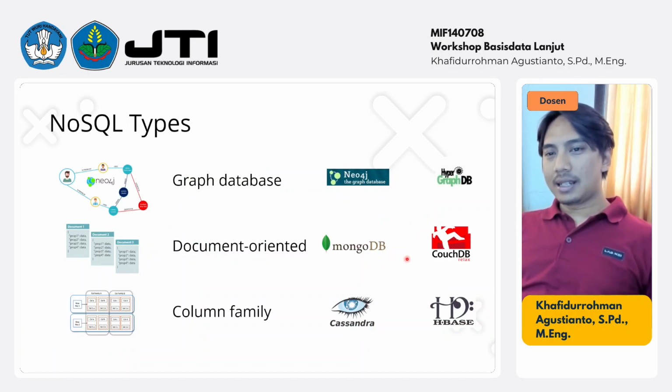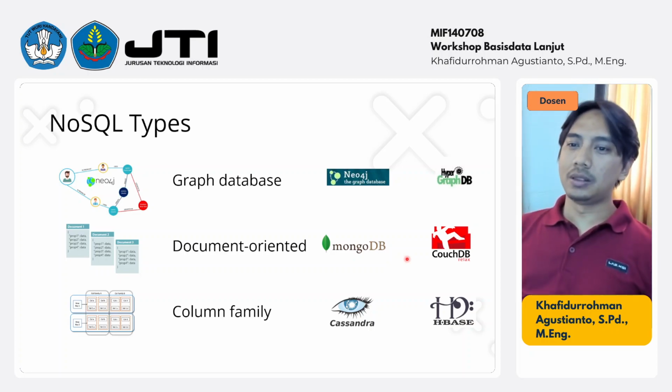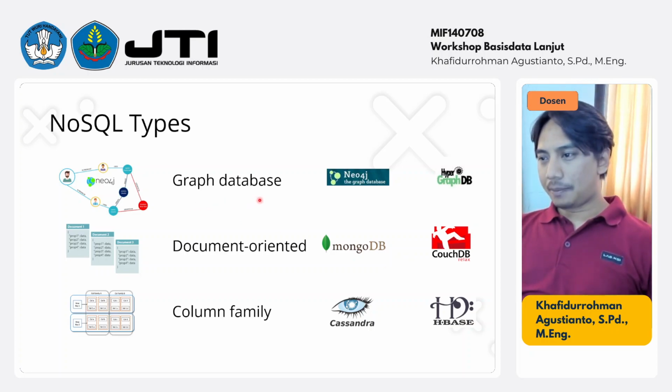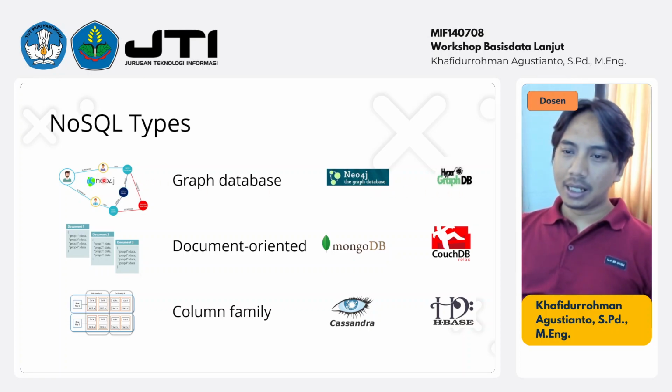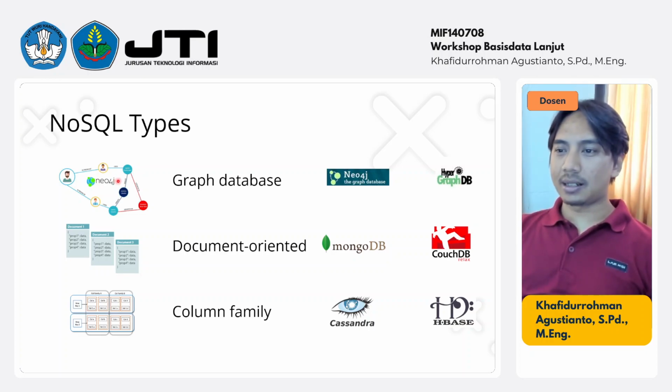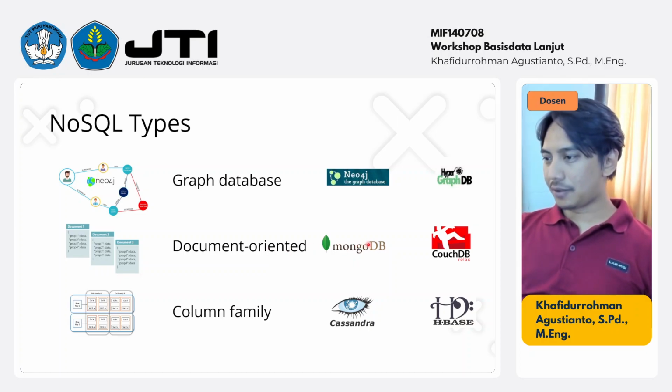Okay, then these are the NoSQL types that we talked about before. First, graph databases. Examples are Neo4j and HyperGraphDB. These are representatives of the NoSQL types. Then the document-oriented type, which we use in this course: MongoDB, for example, and also CouchDB.